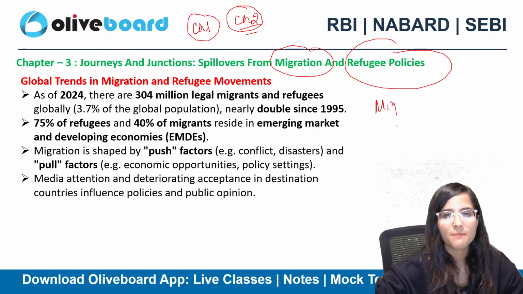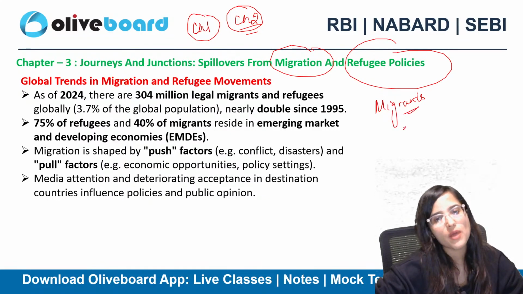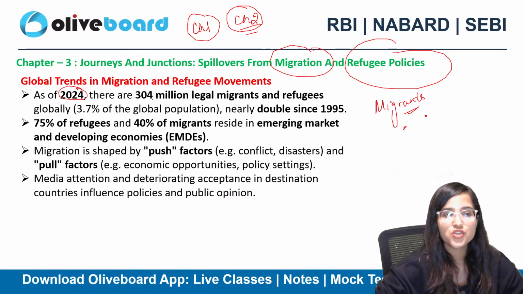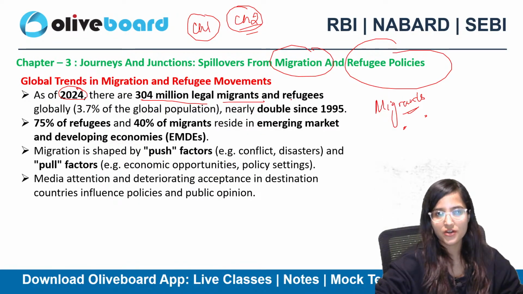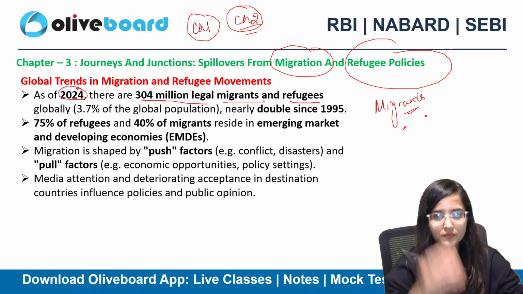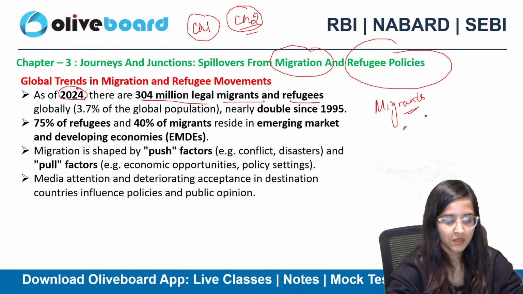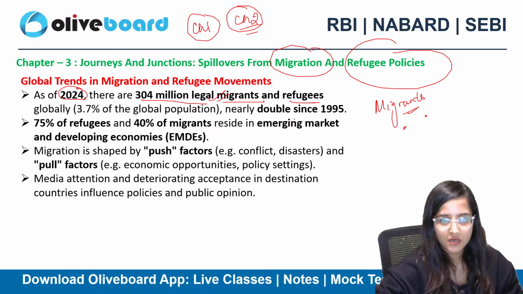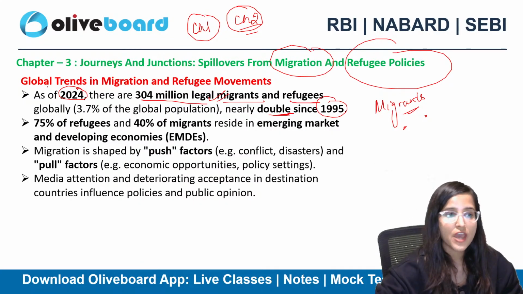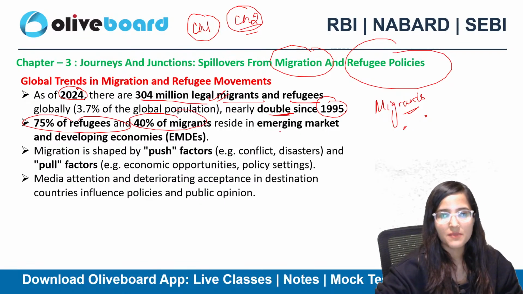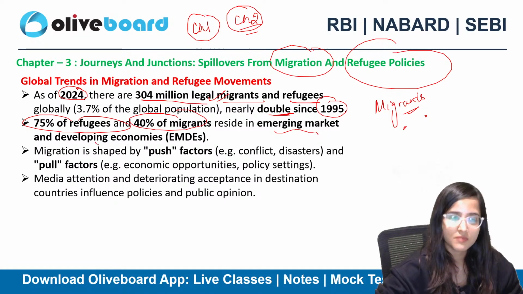So it talks about migrants, people who are moving from one place to the other. ठीक है, तो यहाँ पे what they are saying is as of 2024 there were 304 million legal migrants and refugees. ठीक है, कितने? 304 million legal migrants and refugees, and they are nearly double since 1995. 75% of refugees, 40% of migrants, they are basically in the emerging market and developing economy.